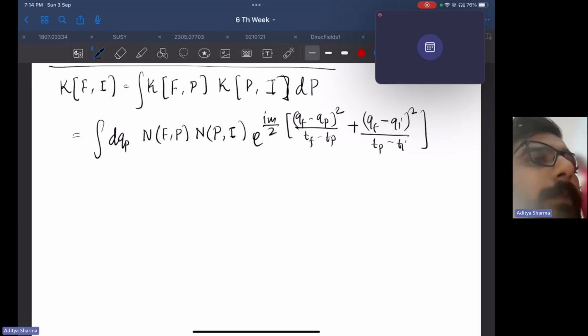Since this is just a normalization factor, that won't come in the integral, and we are going to have to integrate this. This integral is a result. I'm just going to write the full result for you.